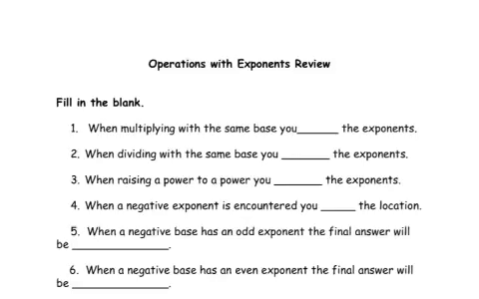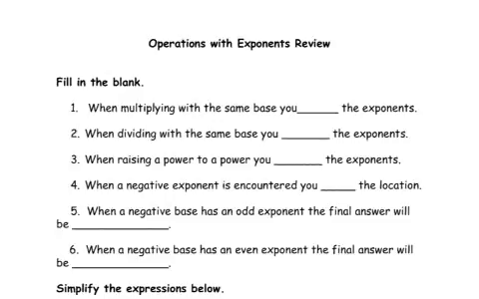So if we're starting to go over the answer key, or the review, when multiplying with the same base, remember you add your exponents. When dividing with the same base, you always subtract. When raising a power to a power, you multiply. When a negative exponent is encountered, you flip or change the location.